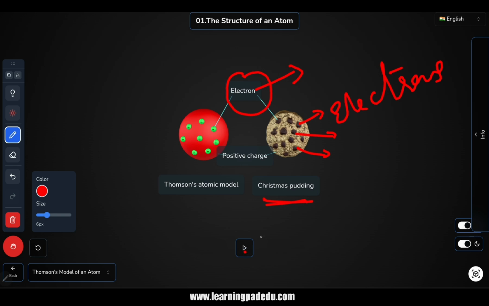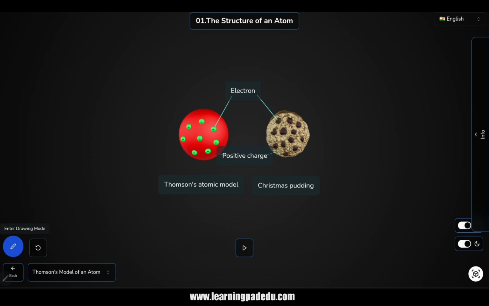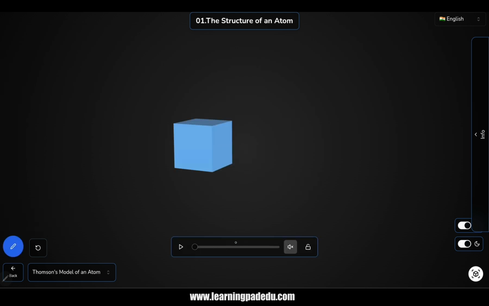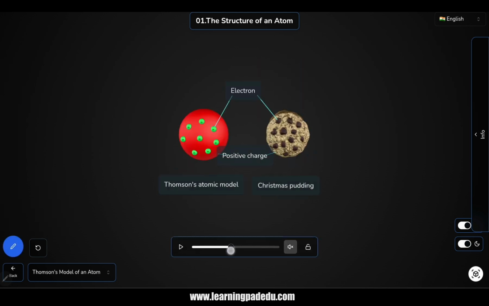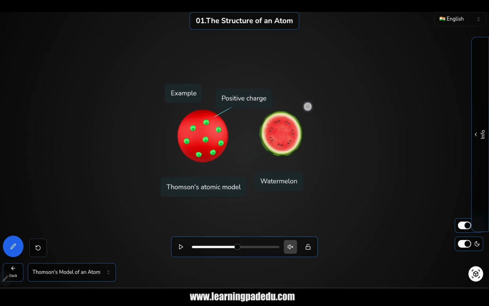And he also said that not only does it resemble a Christmas pudding. He gave another example, that the atomic model resembles the size or shape of a watermelon.